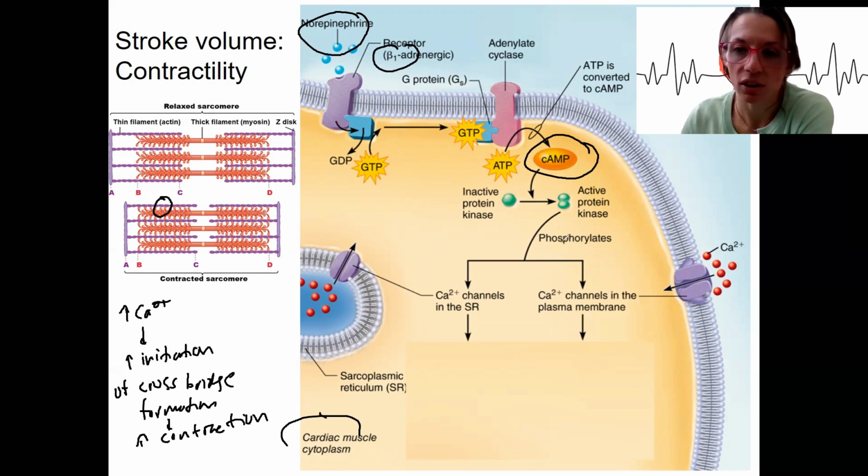So phosphorylation activates proteins, actually can turn them off as well, but it's going to basically open up channels in the sarcoplasmic reticulum and the plasma membrane due to cAMP activation, that second messenger.